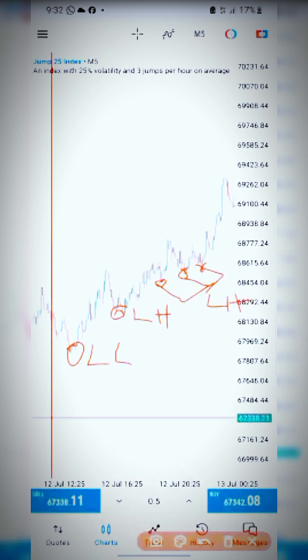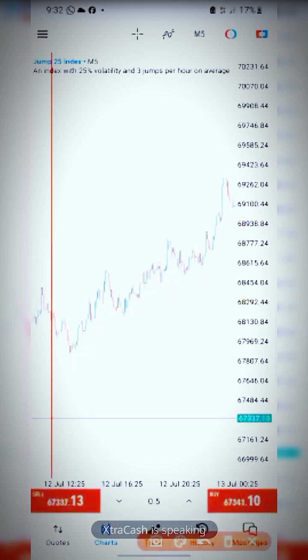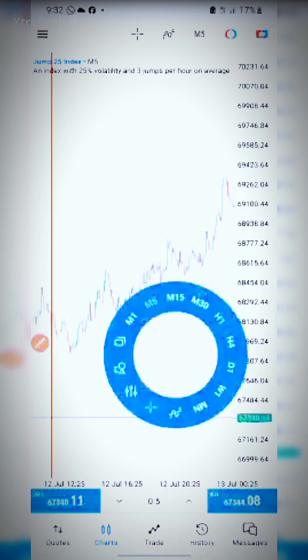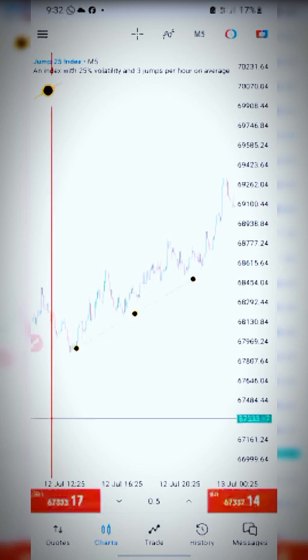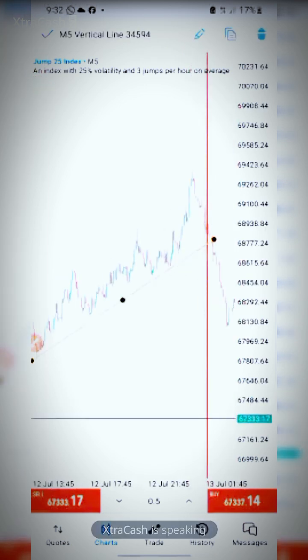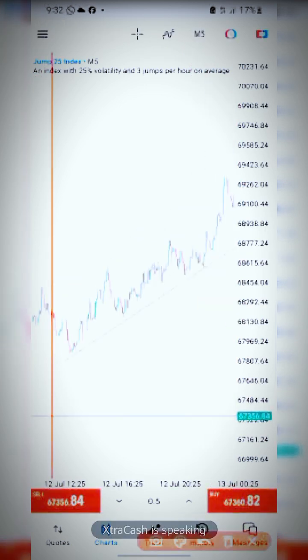So let's get a trend line and connect them. Then the trend line, we'll pick from the lower low. From what we have here, you can see that we're able to catch this lower low and another lower high here.